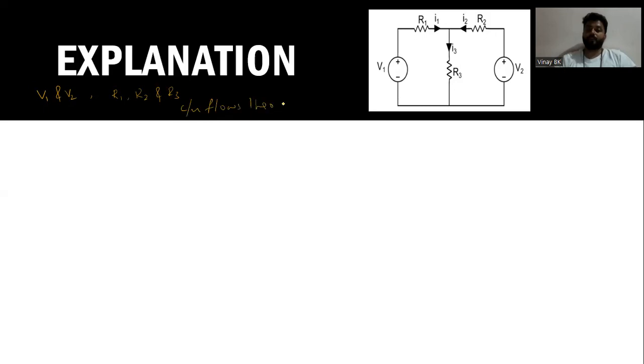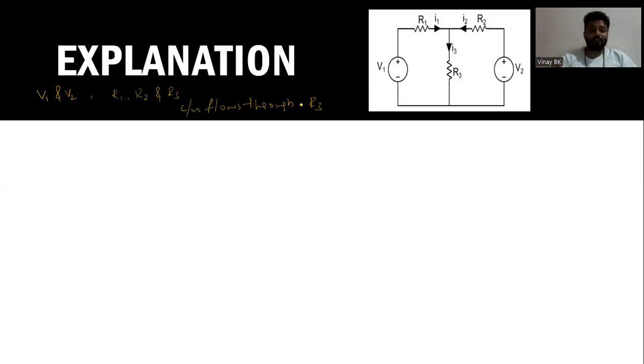The current flows through R3, and now the circuit has more than one source, so you need to find I3 with the help of the superposition theorem. You consider one voltage source, and the other independent voltage source is replaced by its internal resistance. But this V2 does not have any internal resistance, so you have to make it a short circuit.